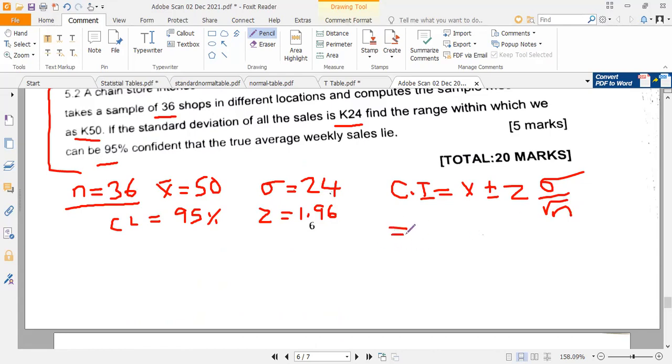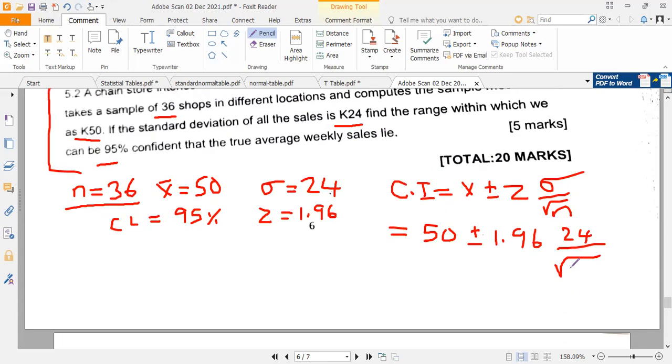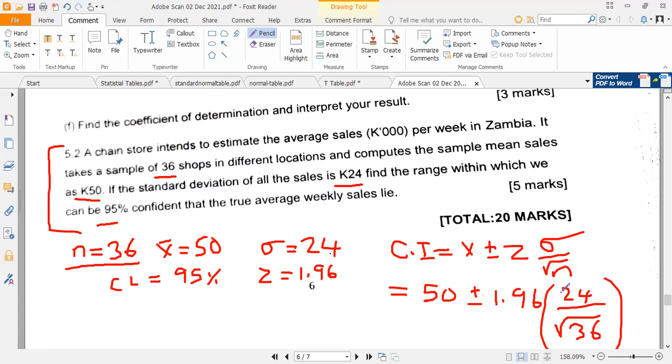So here we put x bar 50 plus or minus our Z, which is 1.96, standard deviation 24 over the square root of n. What is the sample size? 36. Square root of 36. It's easier when the sample size is more than 30.